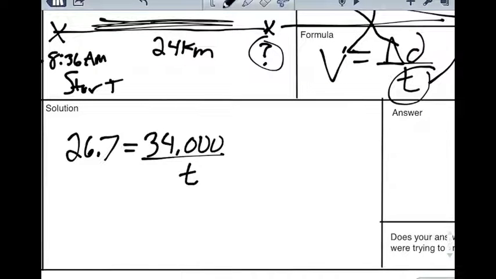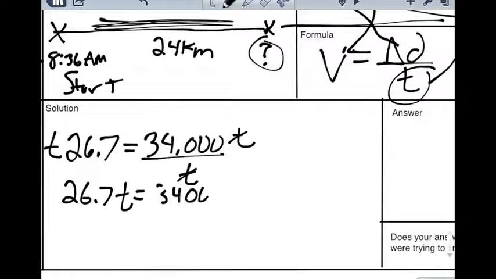So we take t, we're going to multiply t on both sides, and we're going to cross it out there, and that's going to give me 26.7 t equals 34,000. Now, some people may be saying, well, why didn't you just divide both sides by 34,000? Because that would actually leave 1 over t, and 1 over t is not the same thing as t, because 1 over 2 is not the same thing as 2. So now you have 26.7 t equals 34,000.